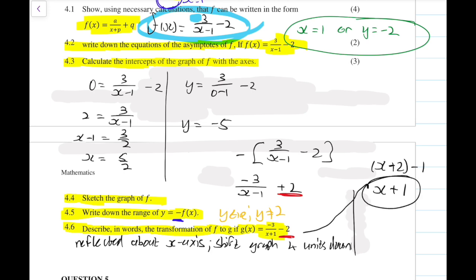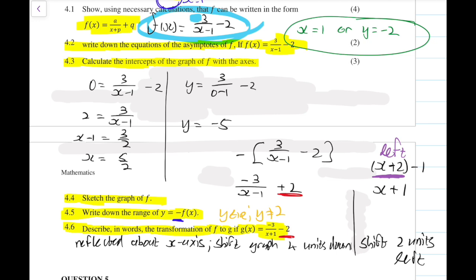Now it's important to understand that this plus 2 in brackets means that I've shifted to the left. So besides the shift down, we've also shifted 2 units left. Very, very good question, that.